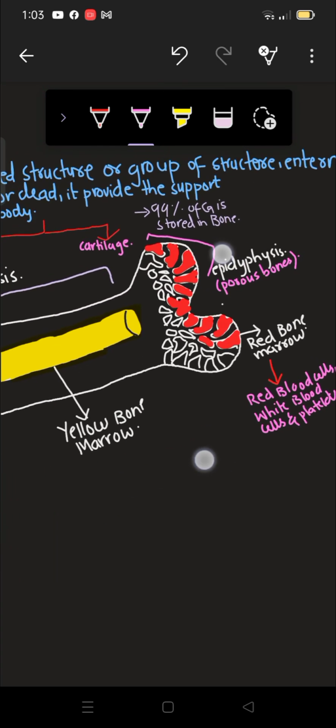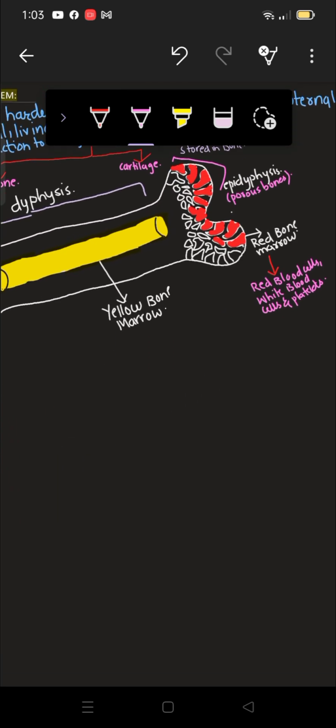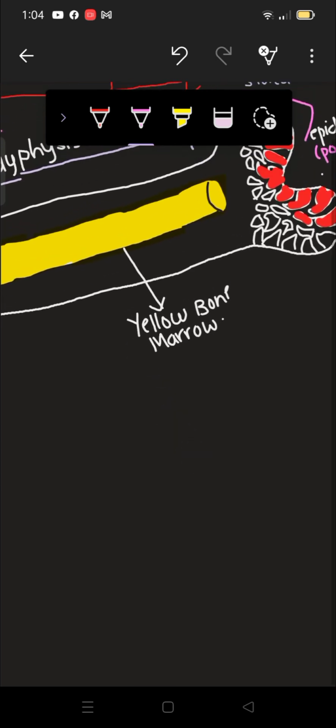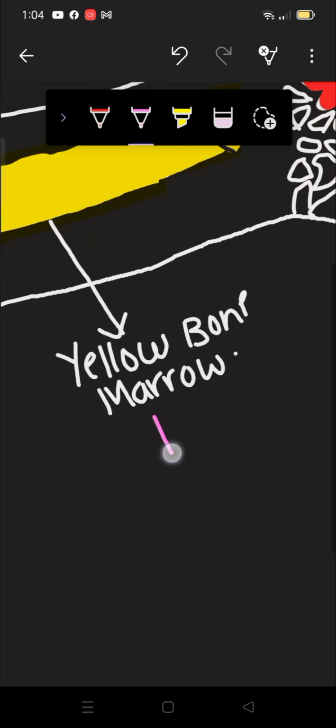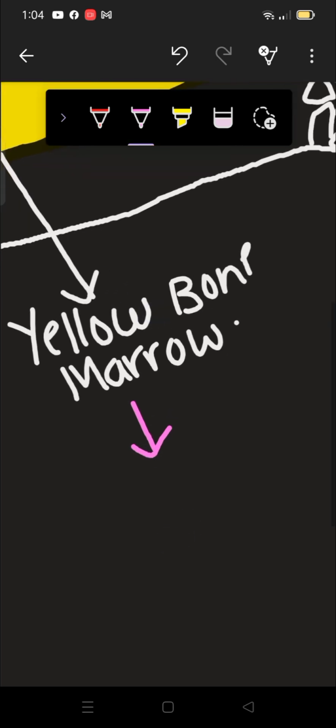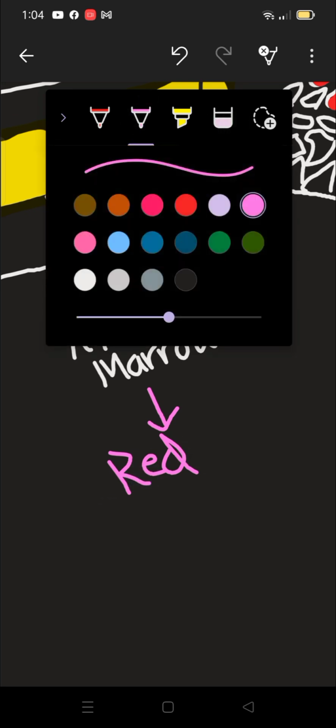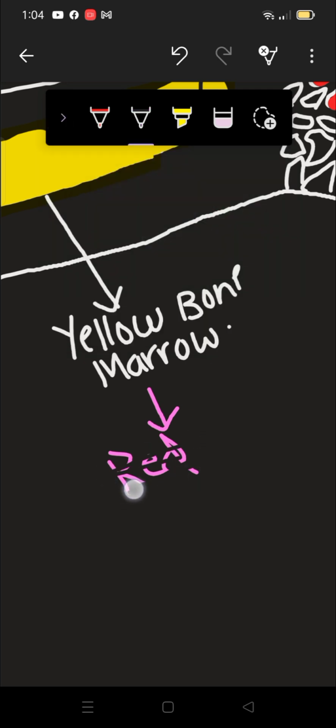And what is yellow bone marrow responsible for? If you have had an accident and your red bone marrow is damaged, what will happen? This yellow bone marrow will start converting itself into red bone marrow, so that red blood cells can be made. Let me erase it.